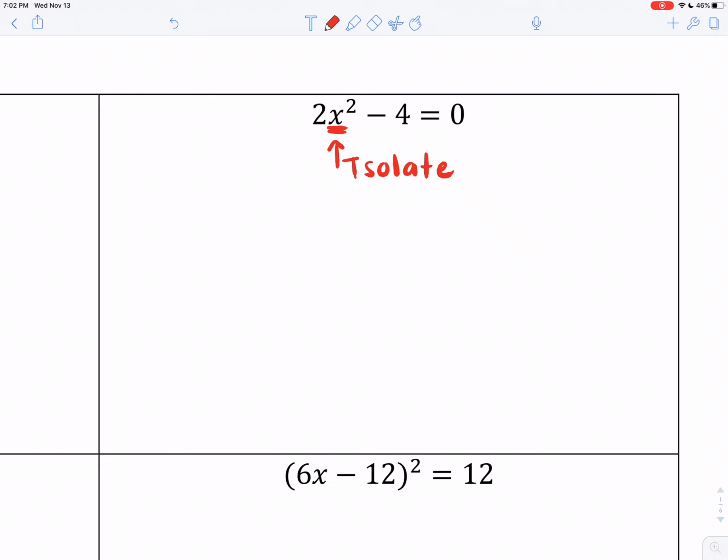So if I want to get that x squared by itself, the first thing I would do is add 4 to both sides. You always do your adding and subtracting before you're multiplying or dividing. Now that would give me 2x squared is equal to 4.